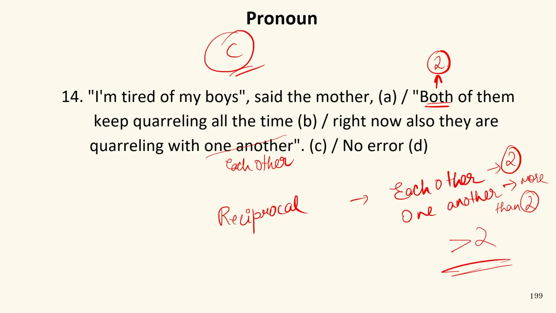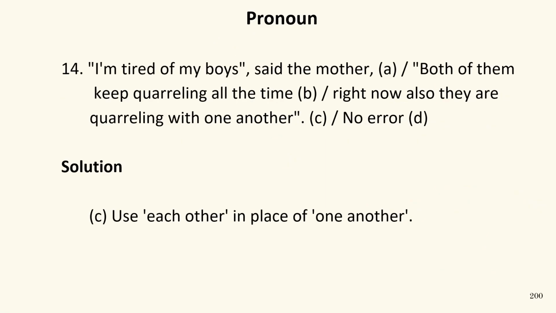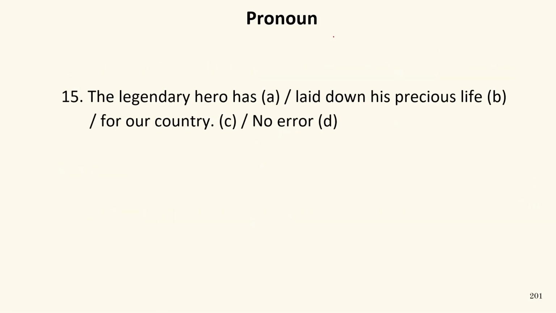Now let us move to the last sentence of this exercise. The legendary hero has laid down his precious life for our country. Now, any legendary hero must be there; we have many legendary heroes. "Has": legendary hero is a singular noun, so "has" is the singular form of the verb.